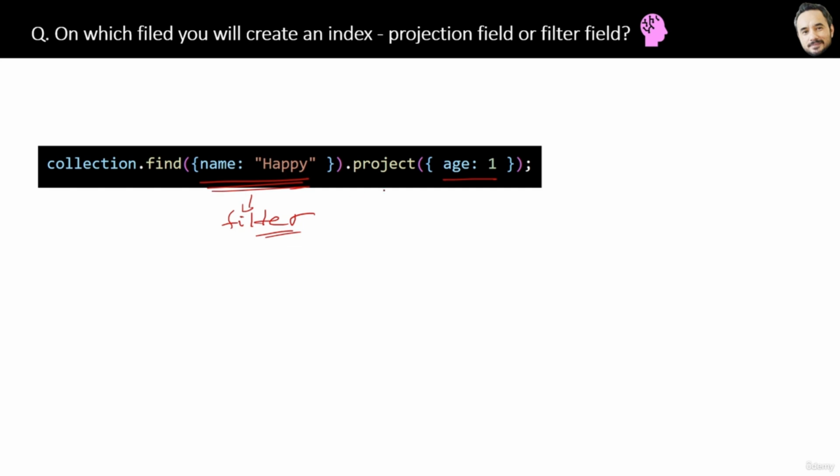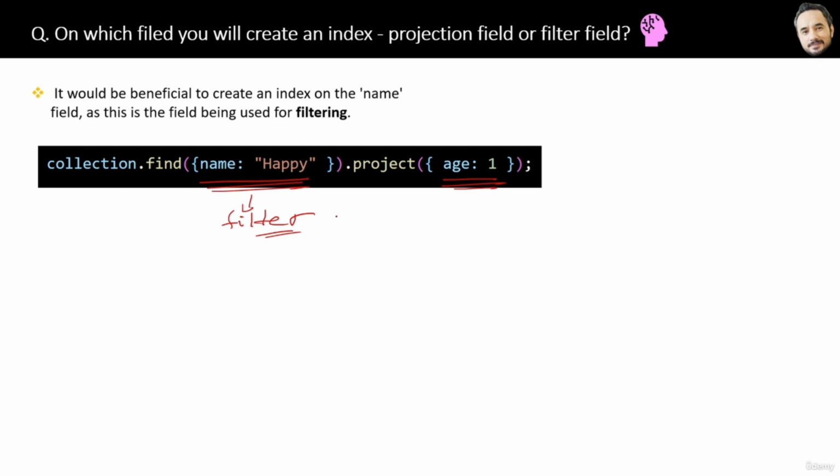If you create an index on it, then the scanning time will be less. Projection fields don't have much impact on scanning. So there is no point in creating an index for projection fields because they are just selected. The search has to scan based on the filter field, which will take time, because it has to search the whole collection. Okay, great. That's the answer, and the same is written here.